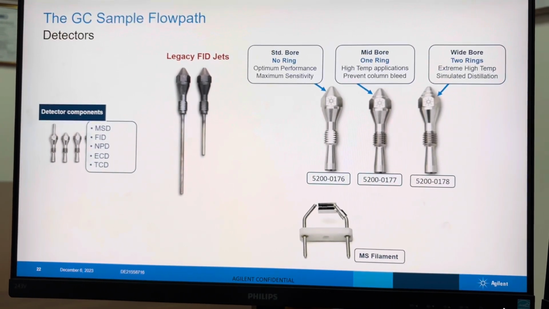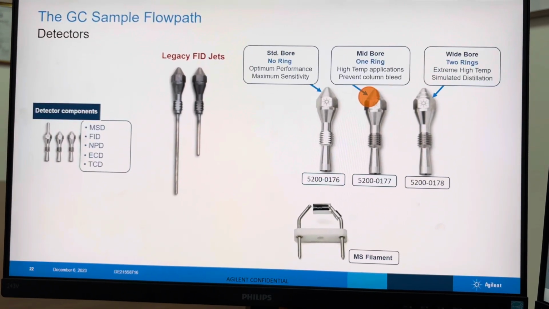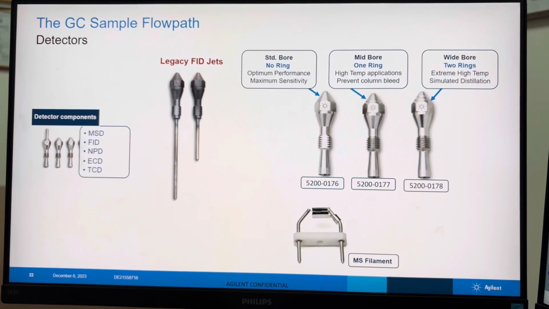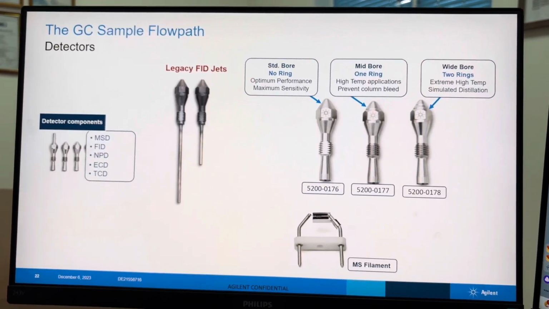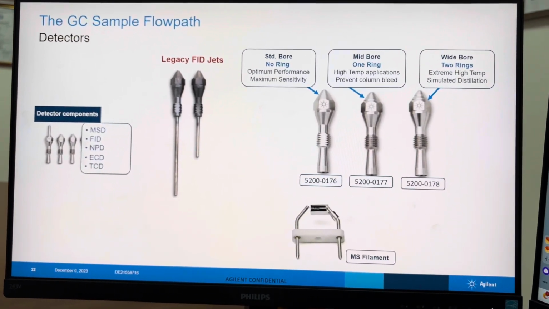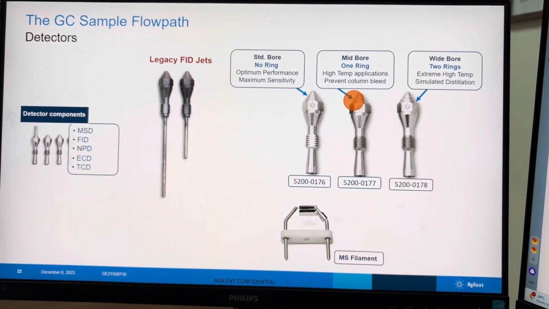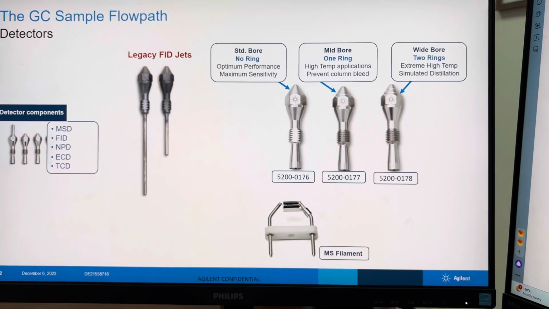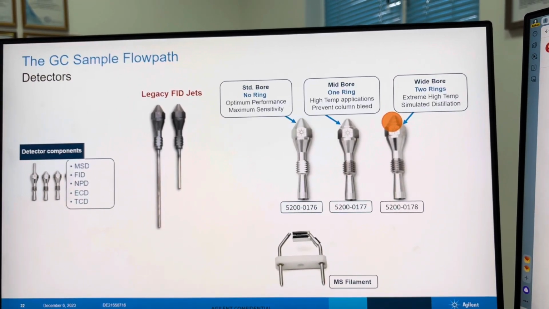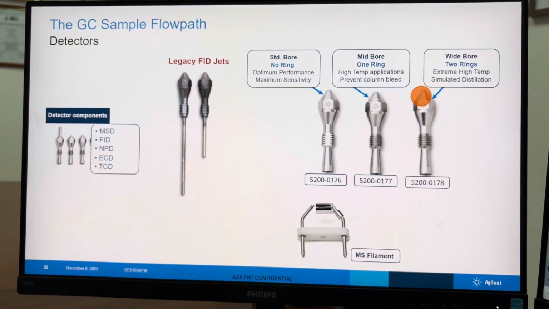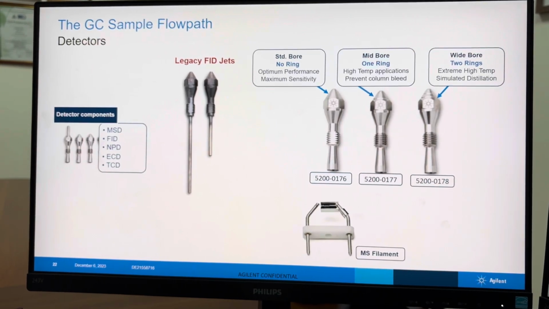Here we don't have anything, you can see as an analyst what this jet is and for what purpose. So you can see here mid bore, and this is the standard bore, that is 0.53 mm ID, those kinds of columns. Wide bore will be used where two rings are there. So the rings will change the bore size. With the two rings, wide bore; mid bore is a single ring, and the standard one is no ring.